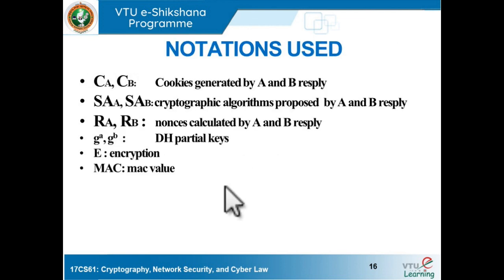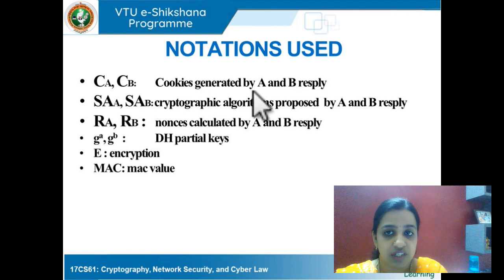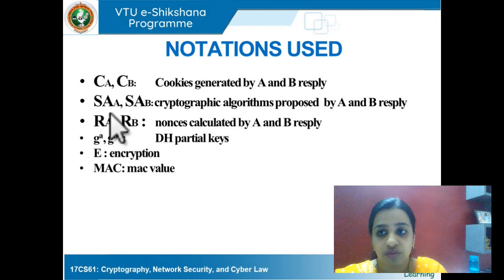Now there are a few notations that will be frequently used in order to understand this IKE protocol. One is CA and CB, which stand for the cookies generated by A and B respectively. Now SA of A and SA of B are the cryptographic algorithm suites proposed by the communicating parties A and B respectively.